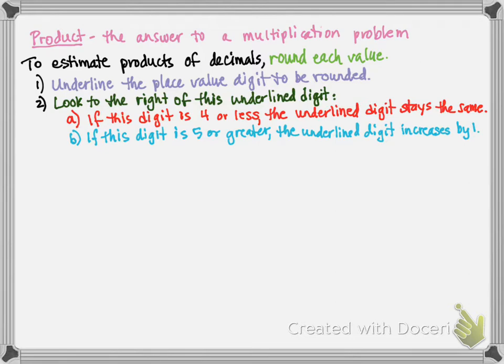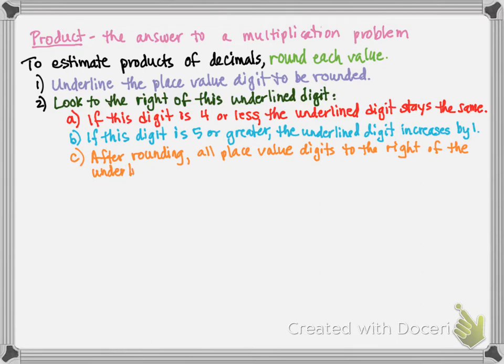And C, after rounding, all place value digits to the right of the underlined digit are either 0.